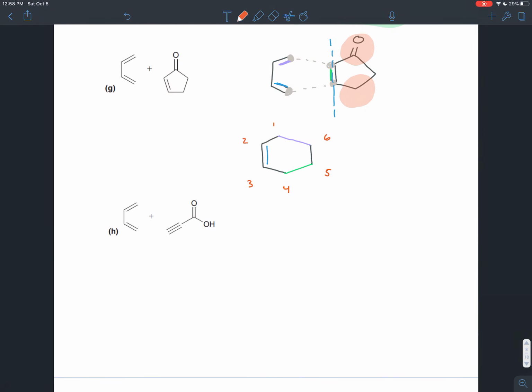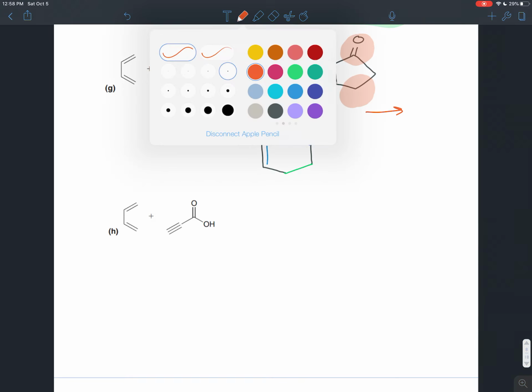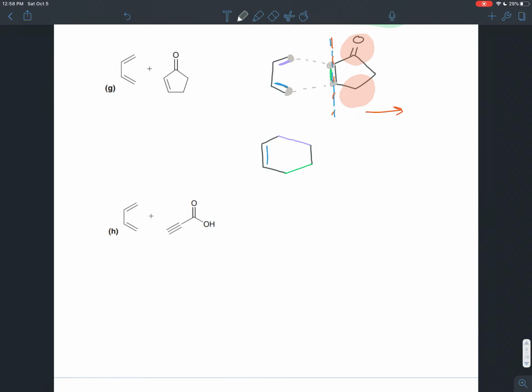So both of these branches are on the same side of this dotted line, and so this is going to be cis. So however we draw those branches coming off, they need to be going on the same side. For example, you could have them both going away, or you could have them both coming out at you. Here I'm going to put them going away with those dashes.